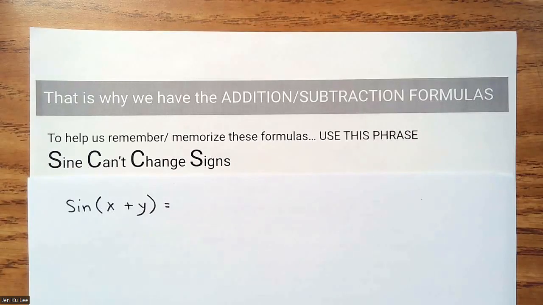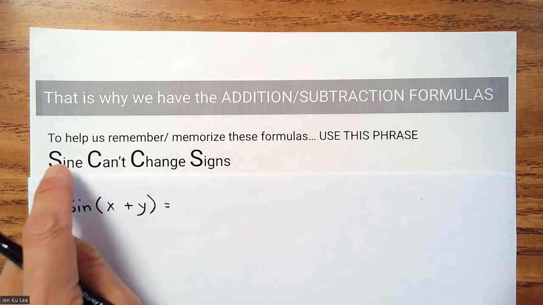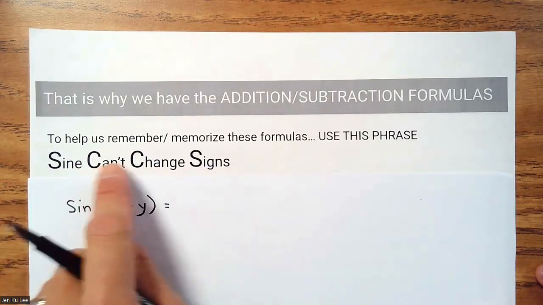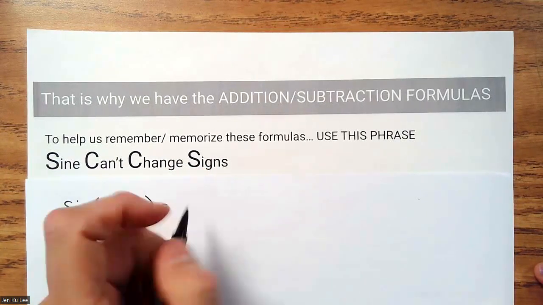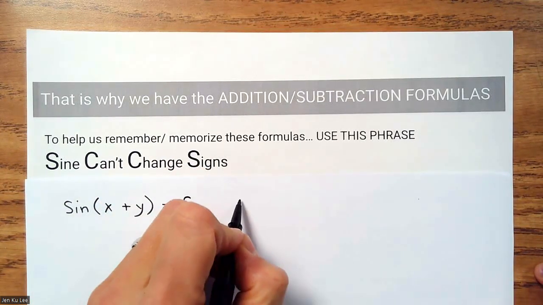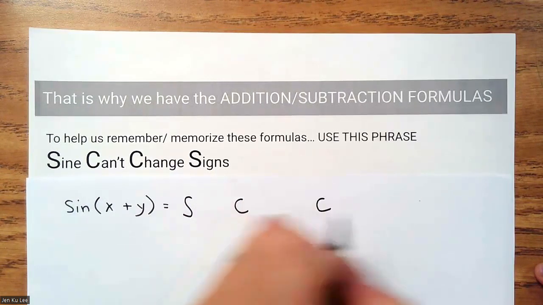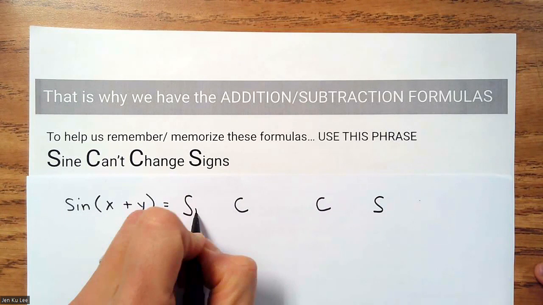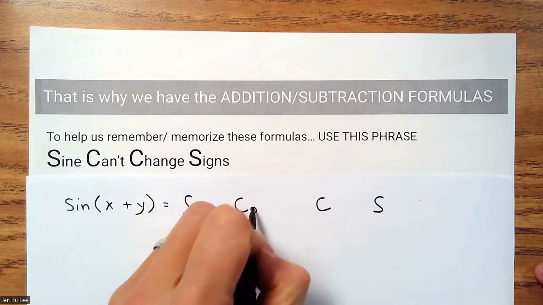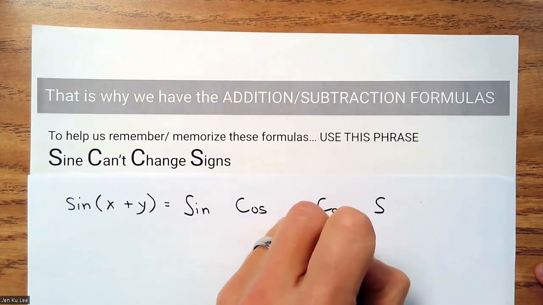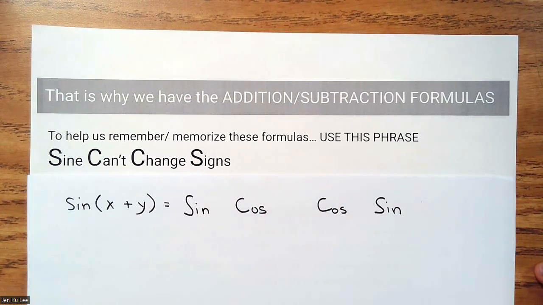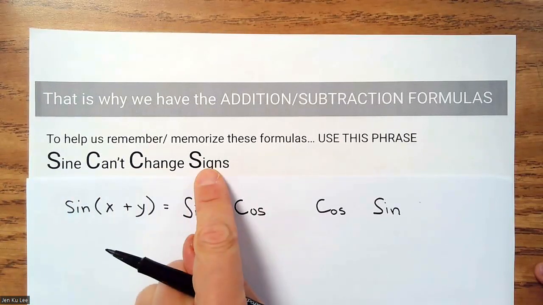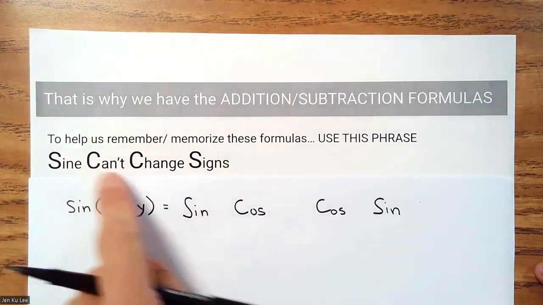The first letter in each word in this phrase is important. SCCS, so I'm going to write it down here. SCCS. S always stands for sine. C always stands for cosine. Sine can't change signs, the whole phrase.